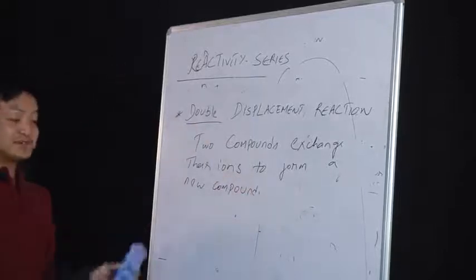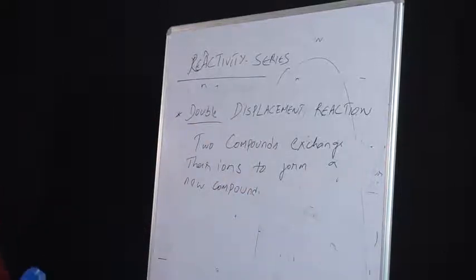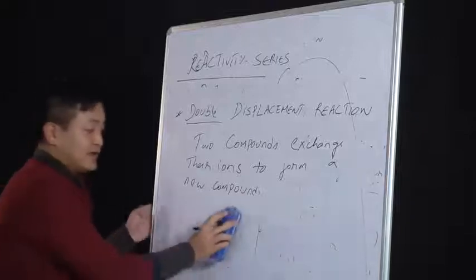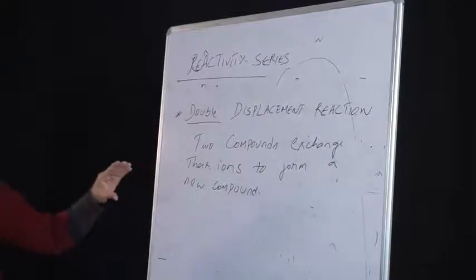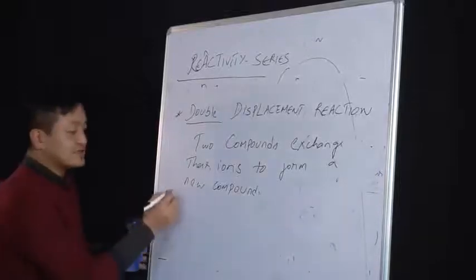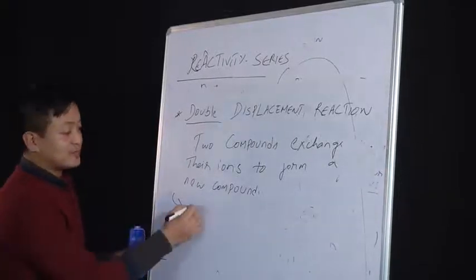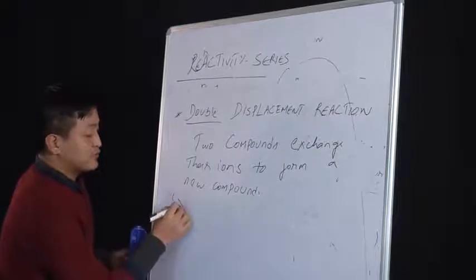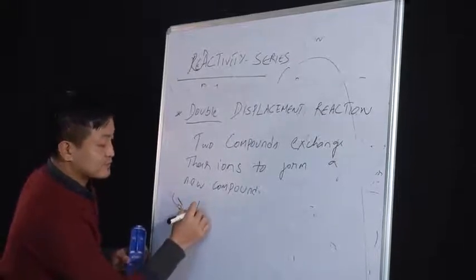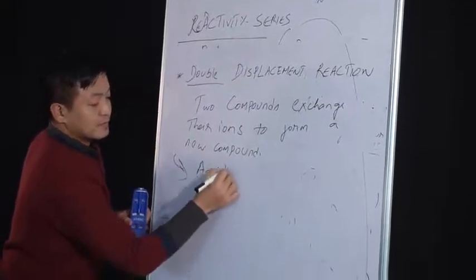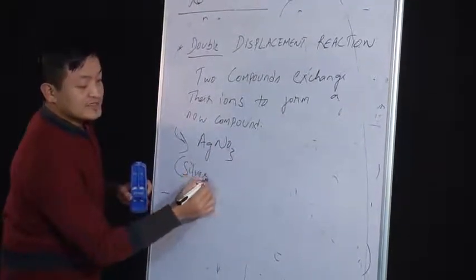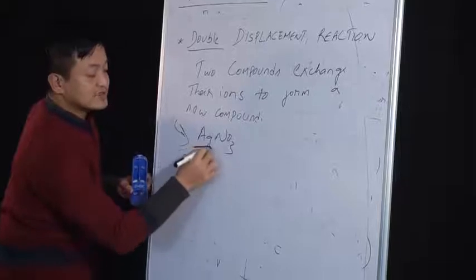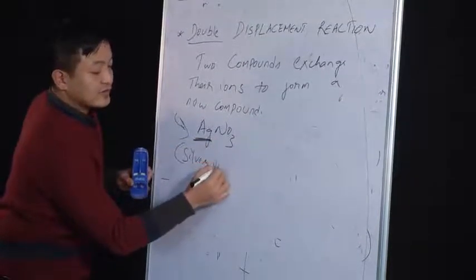So in simple terms, two exchanges will be taking place. I'll write a chemical reaction for this and I'll explain as well. The chemical reaction for this would be silver nitrate, students, AgNO3. Ag is the chemical symbol for silver.